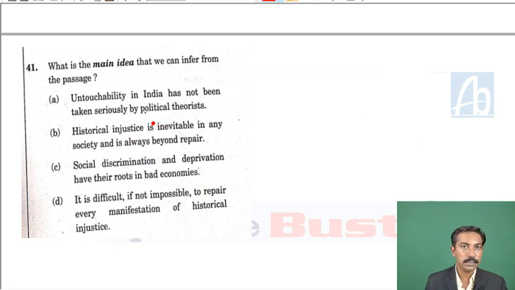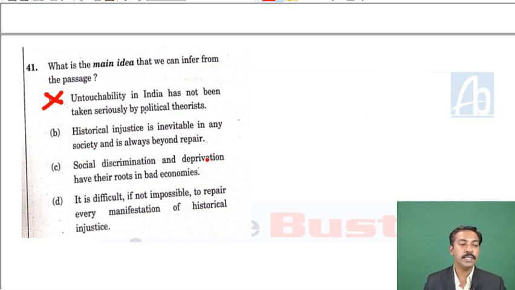This is the most tempting wrong answer choice. This is not the answer. The last sentence has reference to untouchability, and that is being cited as an example. If you read through the passage once again, you will understand this is a trap deliberately set.